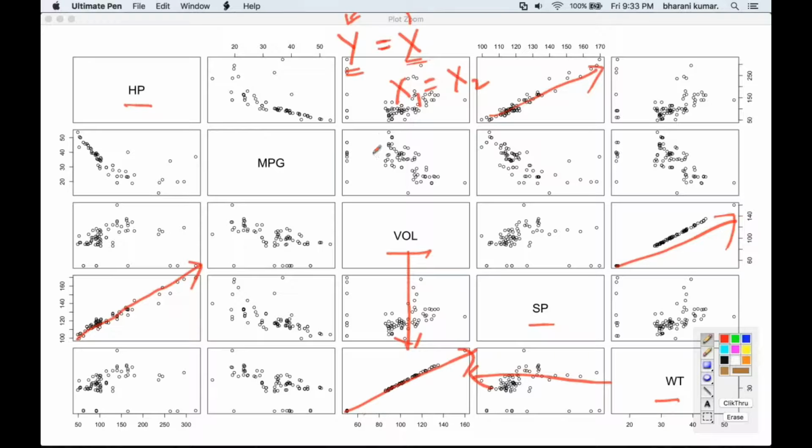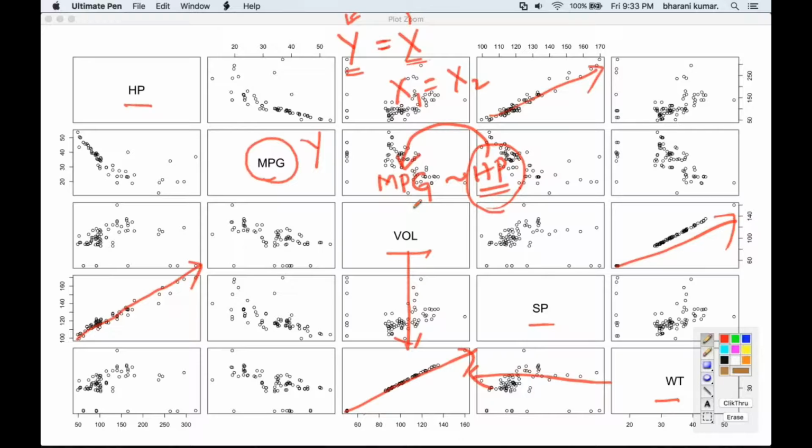That means if at all output is miles per gallon, and assume that there is a strong correlation between miles per gallon and horsepower, what does that mean? That means that horsepower is going to help you predict miles per gallon. If there is no correlation between miles per gallon and horsepower, assume, that means this variable horsepower is least important input for me in predicting this output.